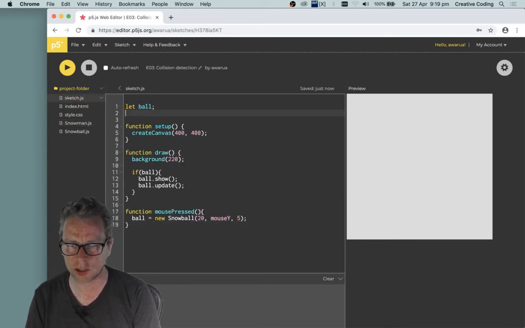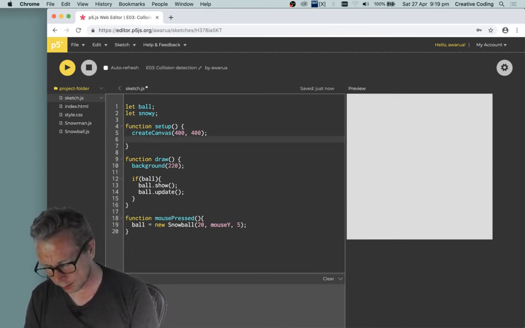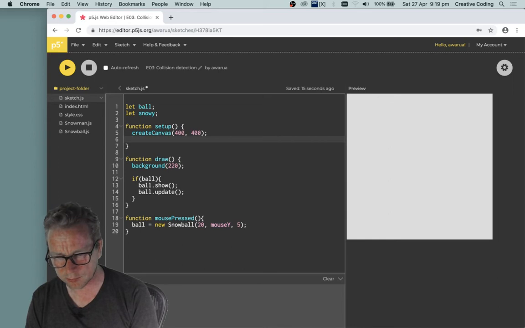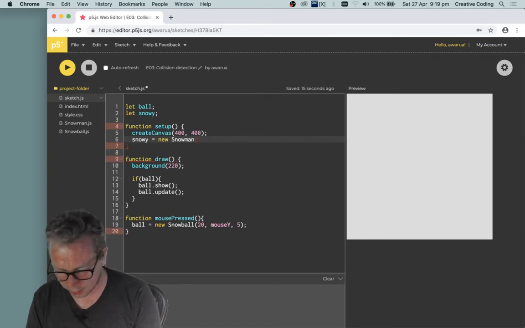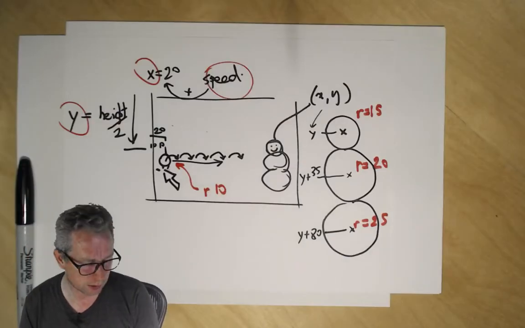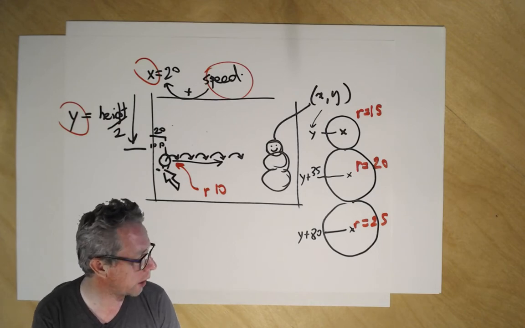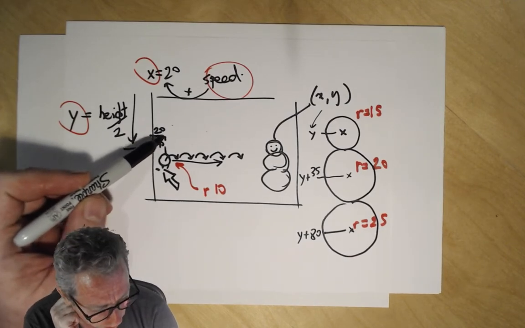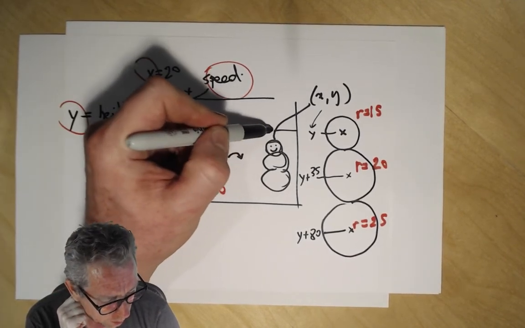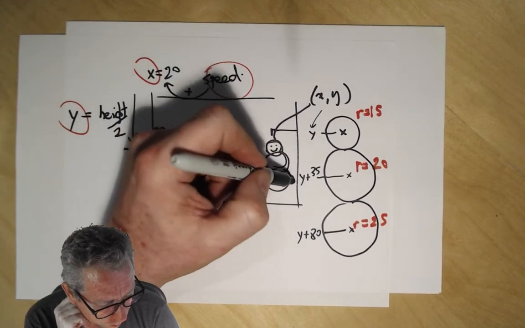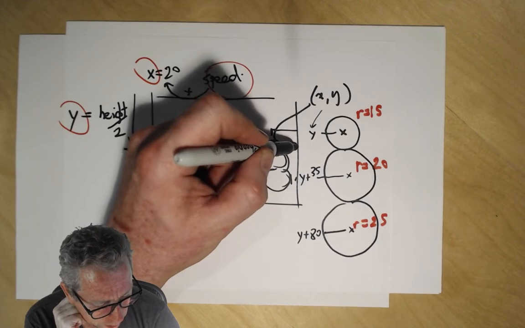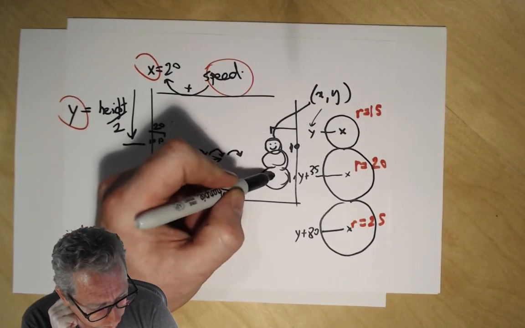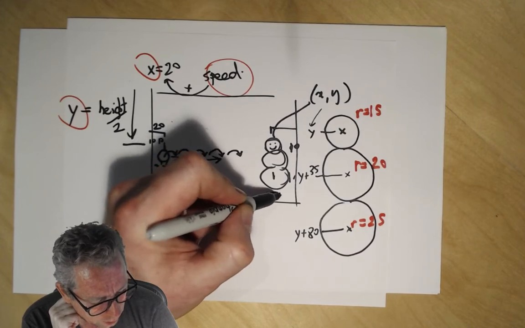Let's use it now in the sketch. I'll create a new variable, let snowy. And I'm going to initialize this variable in the setup function. So snowy equals new Snowman. And let's think about where this goes on the page again. Just like with my snowball, where I wanted it to be 20 in from the left, I want my snowman to be some margin in from the right. So let's say 10 plus this radius, 25 plus 10 in from the right.